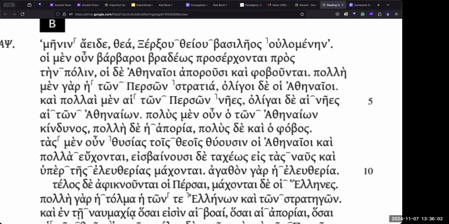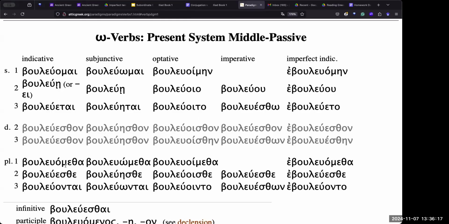It's an -ontai ending. -ontai becomes -onto, right? And then you have to put an augment of some kind on, but -ontai becomes -onto.